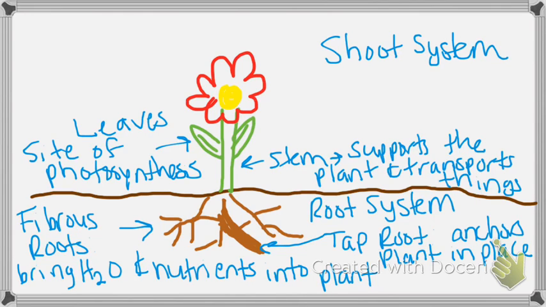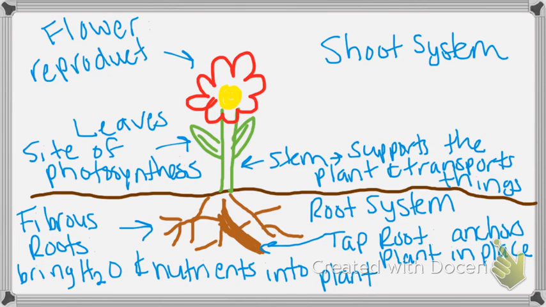And our flower is used for reproduction of the plant, and we will label and discuss the parts of the flower in detail later this week. So those are the main parts of our plant. Our shoot system within our stem also contains our vascular system. So let's go to another slide and talk about our vascular system.